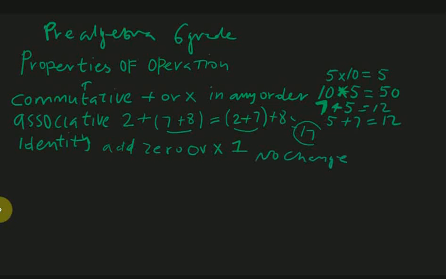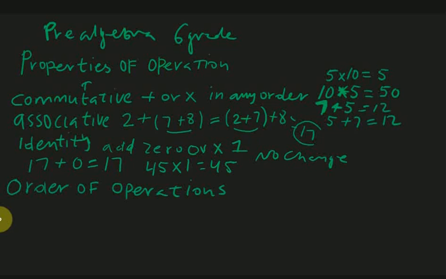If you add 0 to 17, you get 17. It's called identity. What about multiplication? 45 times 1, I still get 45. This is what is called identity. Okay, let's continue.